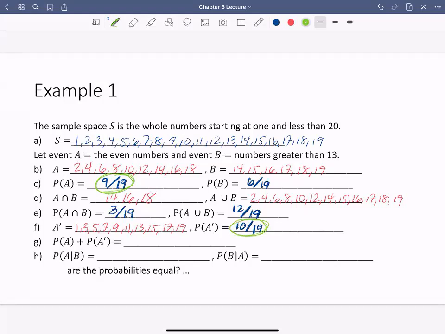So if we add them together, 9 over 19 plus 10 over 19. Denominator is the same, so you add the numerators and you get 9 plus 10, which is 19 over 19, which is 1, which is exactly what I said it would be.